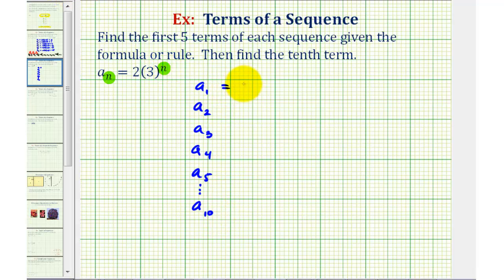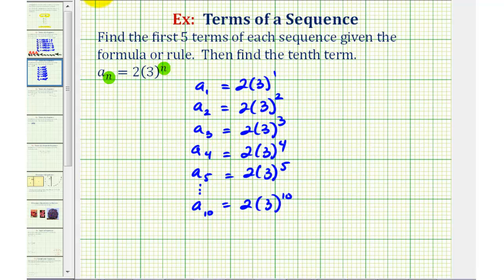So a sub 1 will be 2 times 3 to the first. A sub 2 would be 2 times 3 to the second. A sub 3, the third term, would be 2 times 3 to the third, and so on. Again, notice how each term we're looking for gives us the value of n, which is what we substitute into our sequence formula.